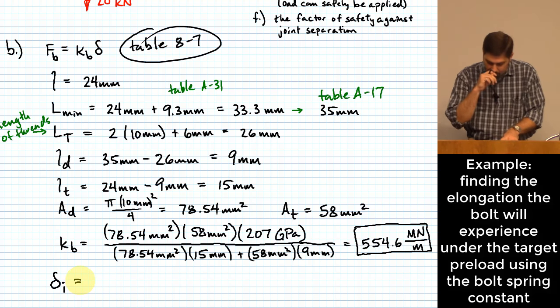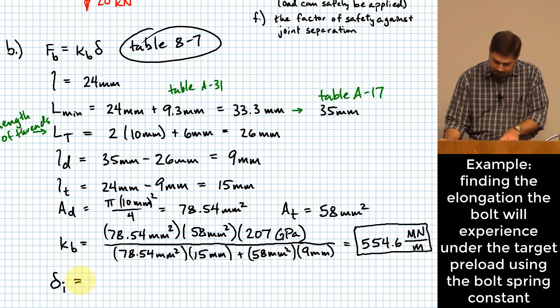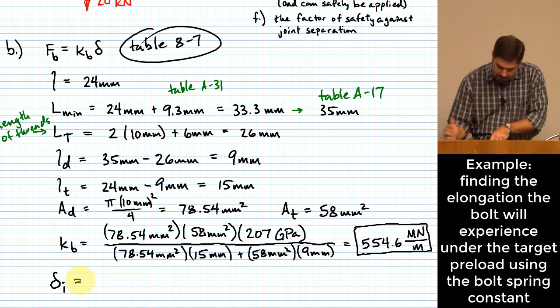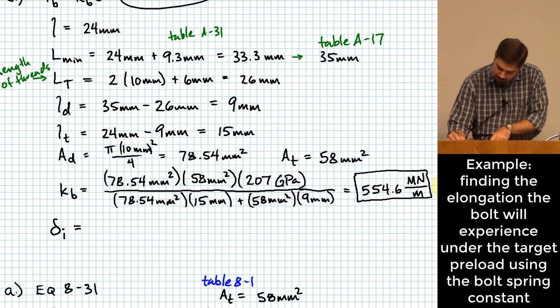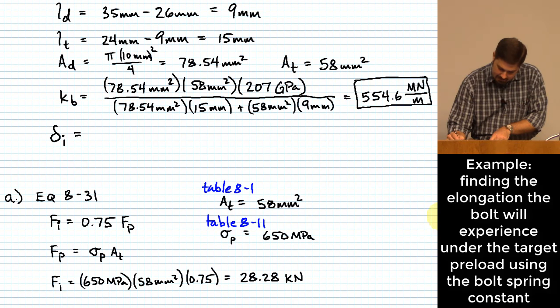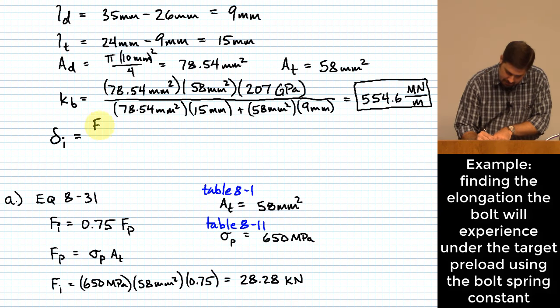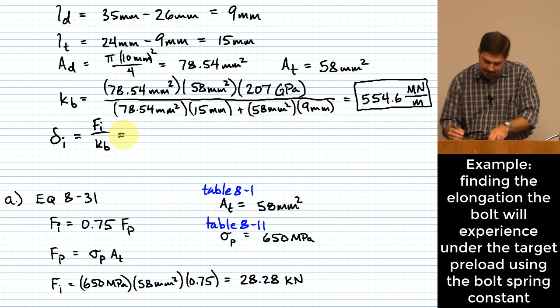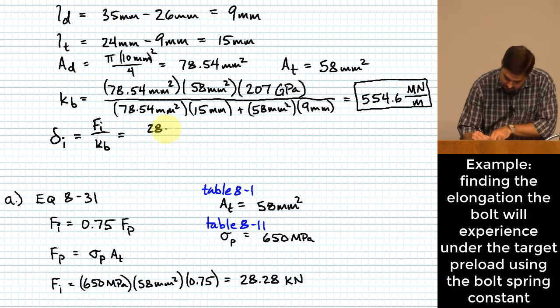This means our pre-elongation is going to be equal to the force that we need in the bolt. We had that a few seconds ago, right? F sub I over K sub B, and then we'll put it in. F sub I was 28.28 kilonewtons.